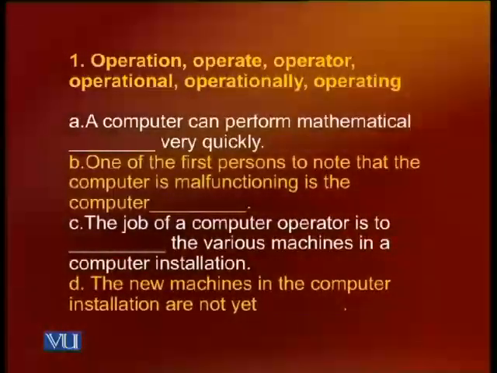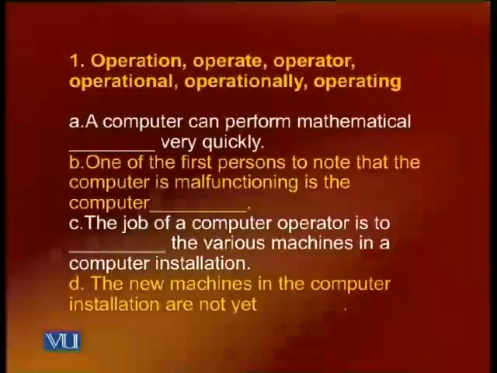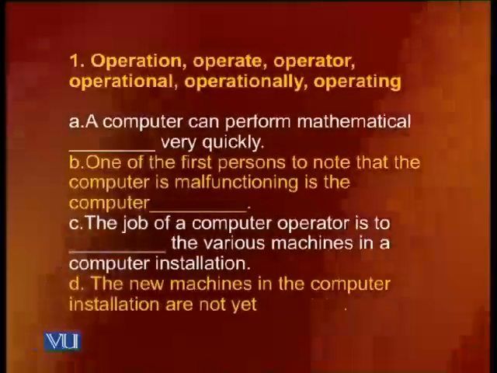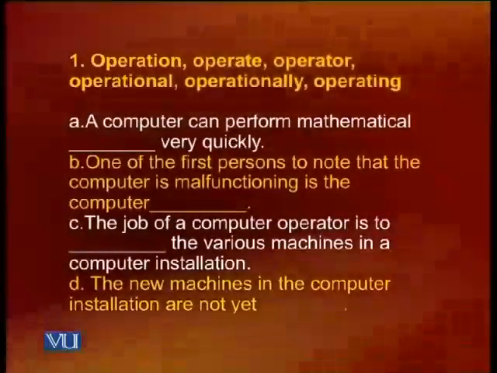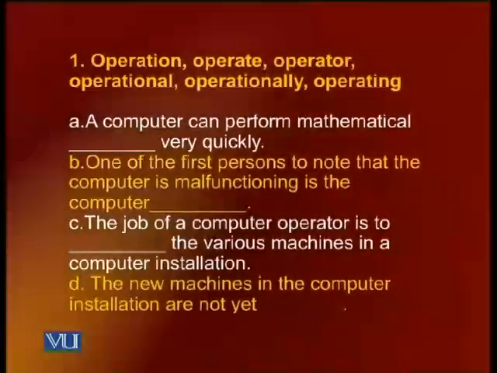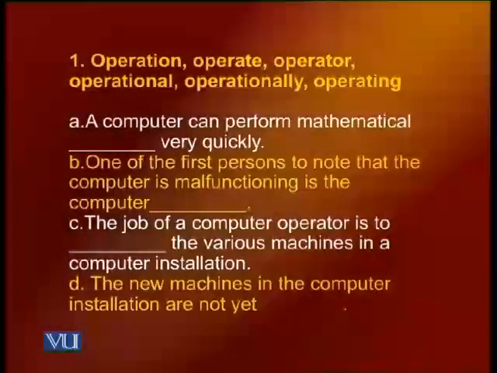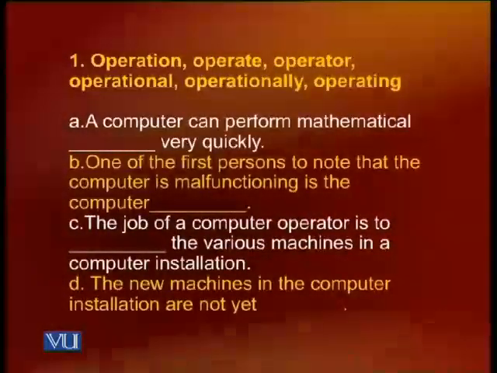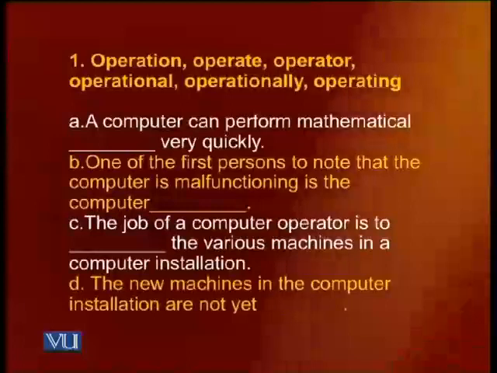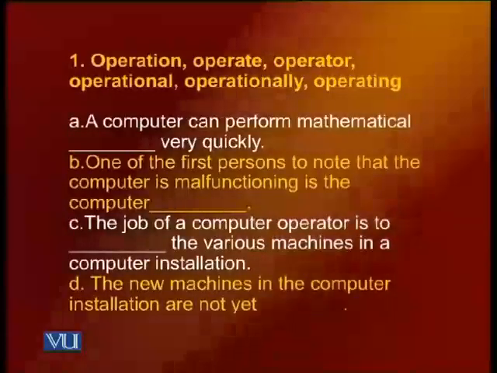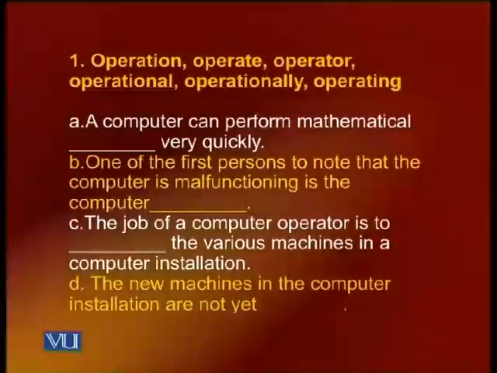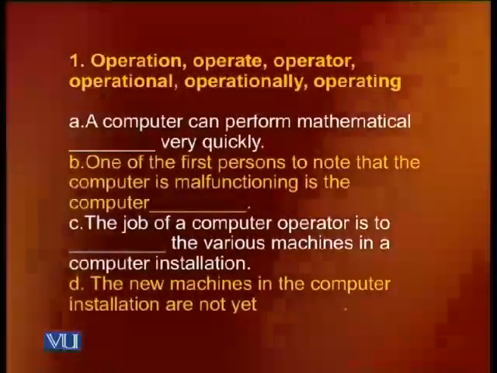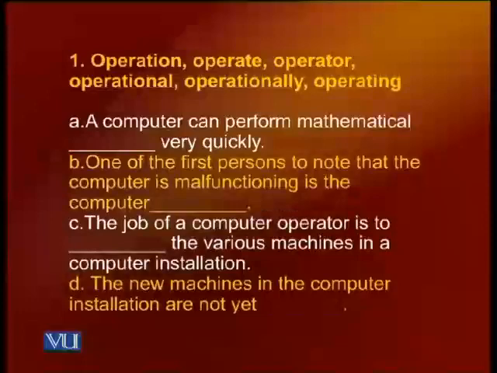It's just one word, operate, but there are so many different endings, different suffixes, which change the meaning of the word and the category as well. Number A. A computer can perform mathematical, very quickly.